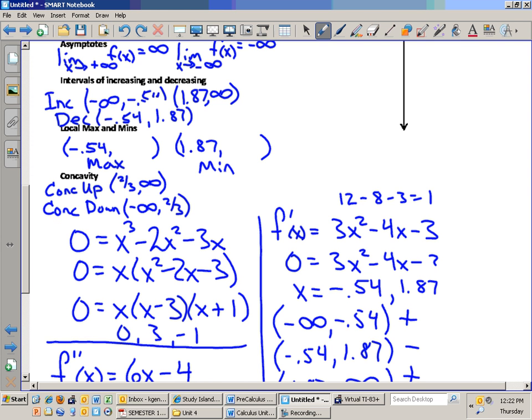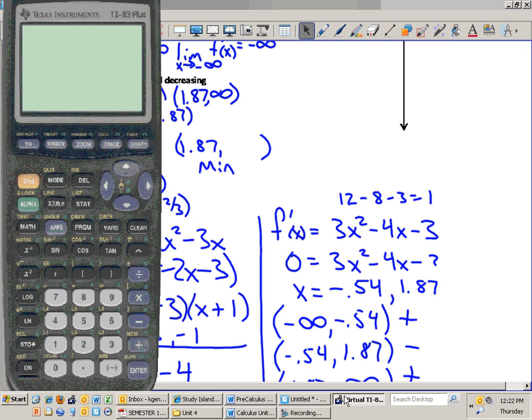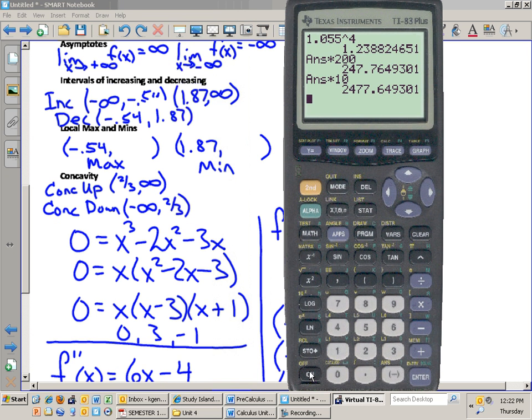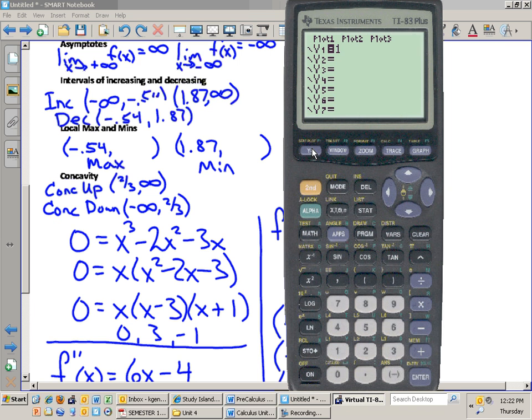I would like to know how high or low it goes. How do I figure that out? Plug these points back into the original function. So if I type it in, y equals x to the third minus 2x squared minus 3x, and I go to my table and I type in negative 0.54, I get 0.879.